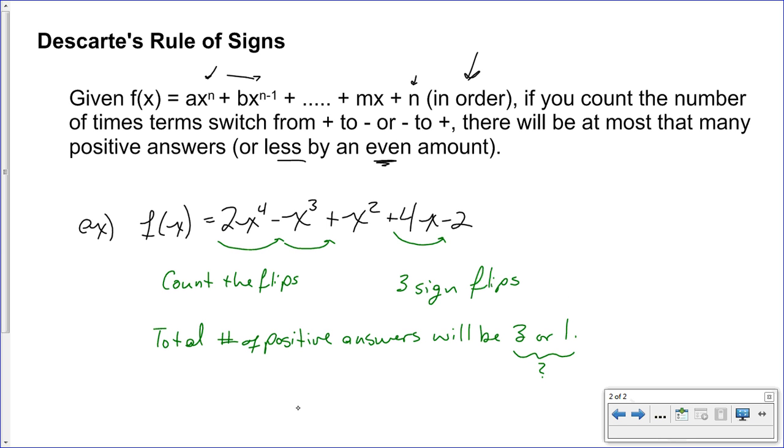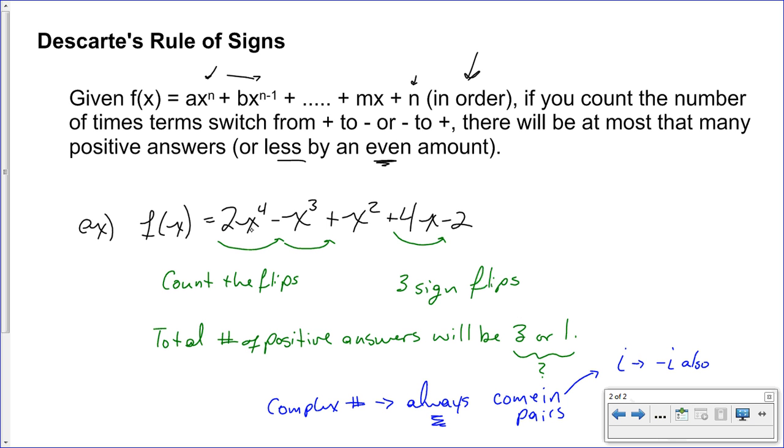Well, that's because your complex zeros always, always, always come in pairs. Meaning if you have an i, you'll have a negative i also.